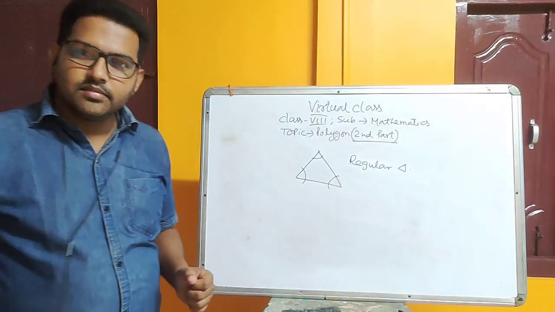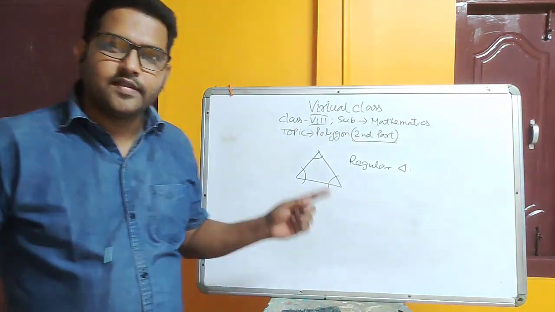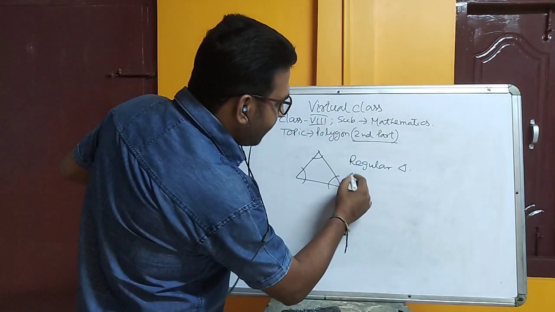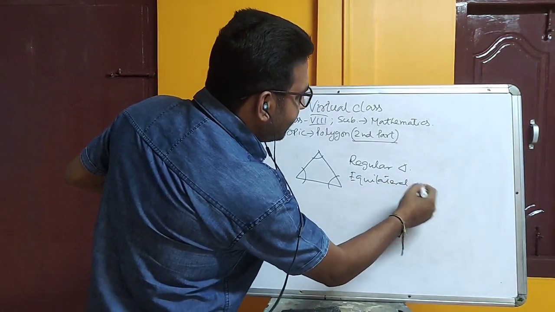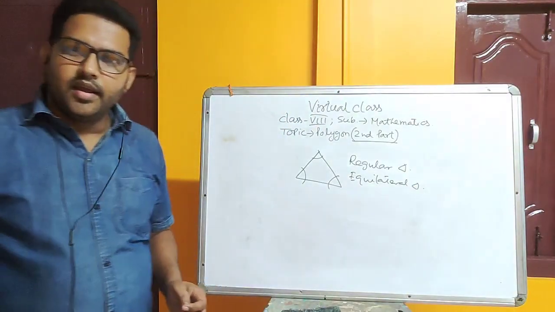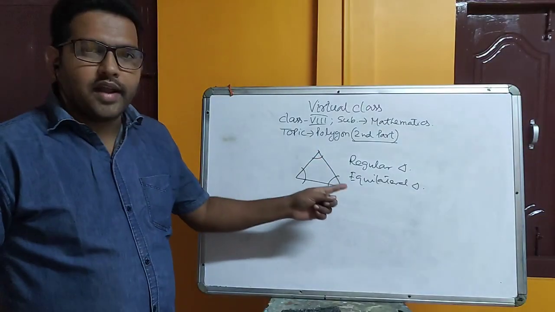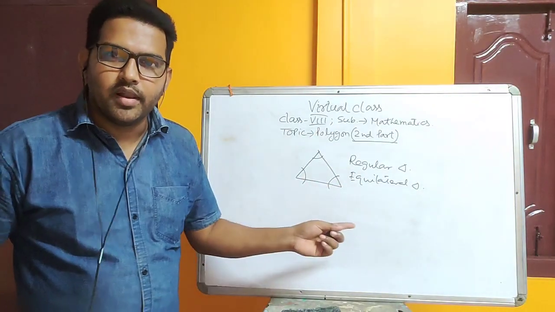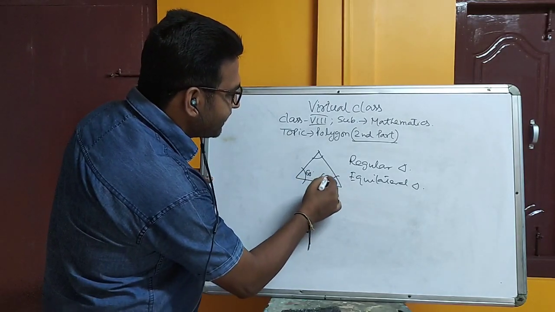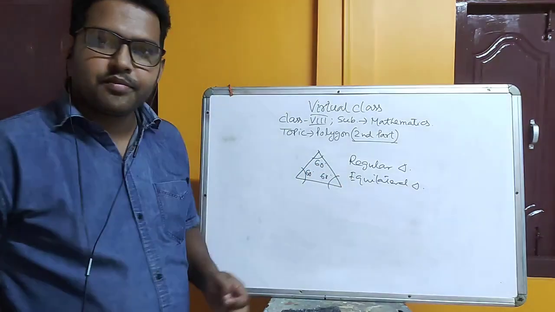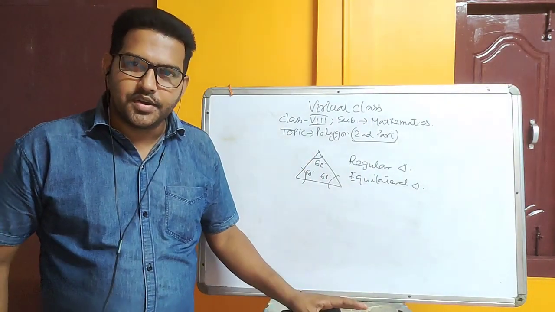Got it? I think from your previous knowledge you can easily recognize that it's an equilateral triangle. An equilateral triangle is a triangle in which all the sides are equal and each angle is 60, 60, 60. Is it? So the sum total of all the angles is 180.